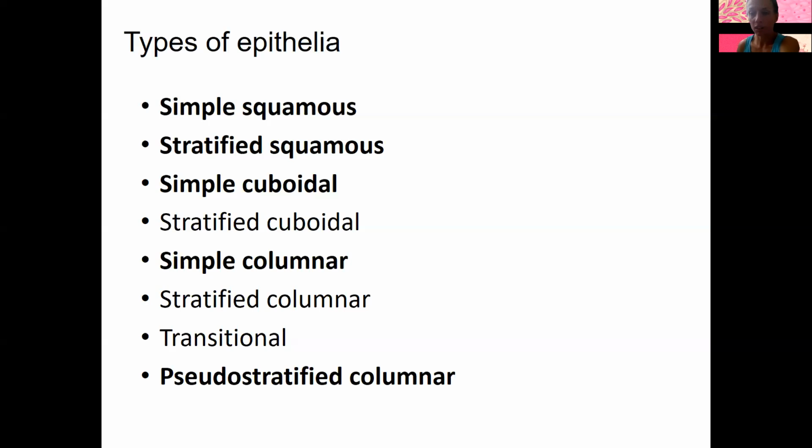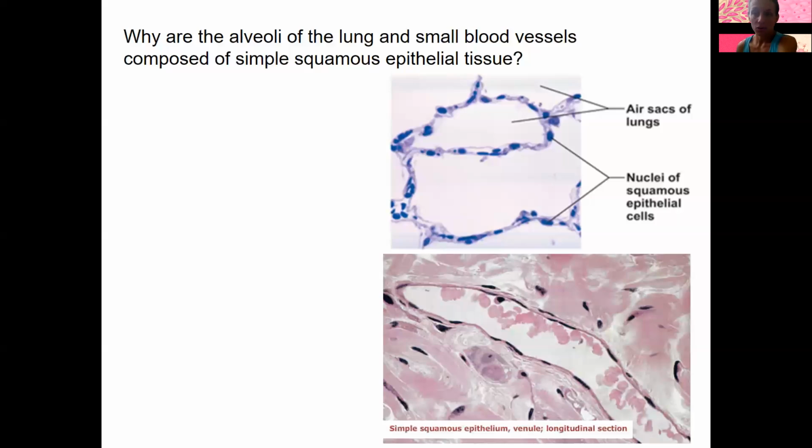Okay, so let's talk about each of these with pictures and comparing them. So first of all, I mentioned this already, but why do the alveoli of the lung and the small blood vessels, for example, capillaries, also the small venules and arterioles, have simple squamous epithelial tissue? That looks like this.